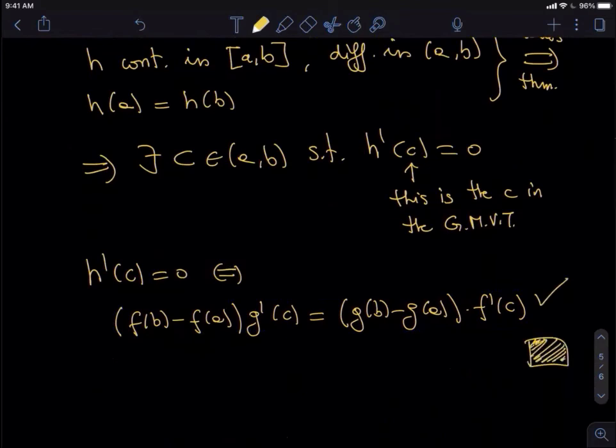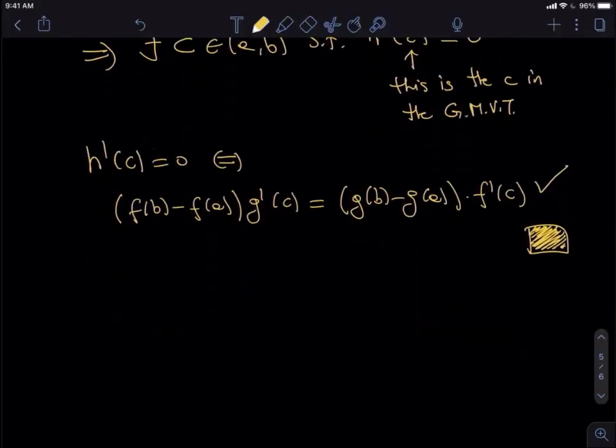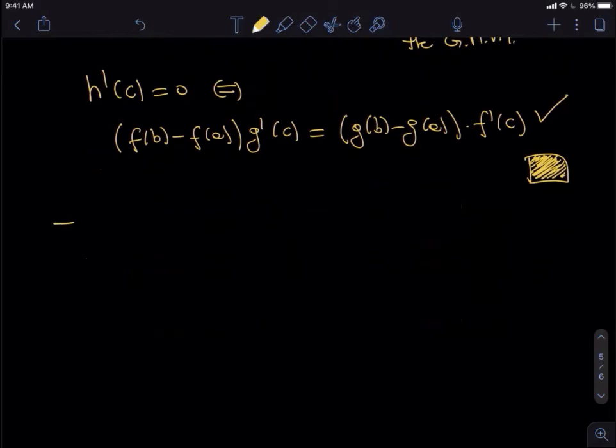Again, suppose you want to do the proof of the mean value theorem, but not the generalized one. So you can follow this proof, putting g equal the identity every time. Finally, I want to mention one conclusion of the mean value theorem.